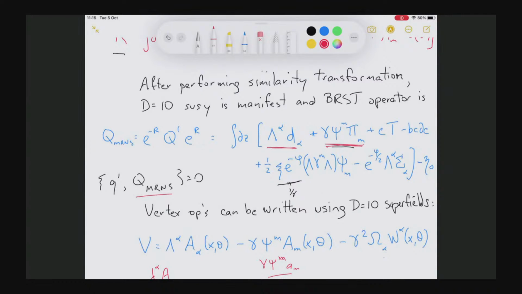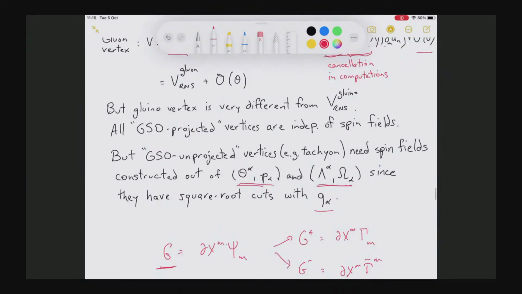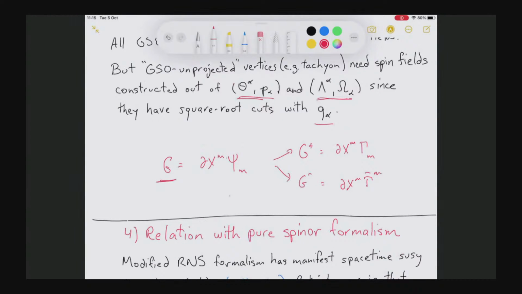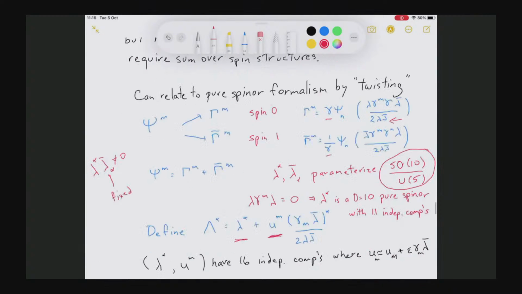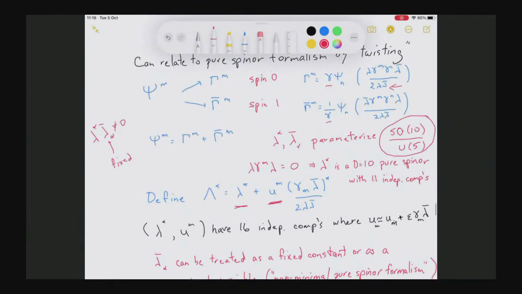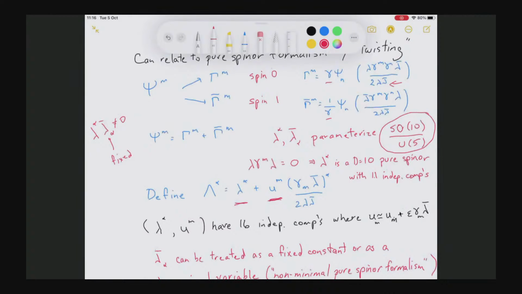So it's not so clear how to describe the twisting in this language once we add these auxiliary variables. In any case, by twisting I just mean twisting the psi's into gamma and gamma bar and not discussing the superconformal generator.